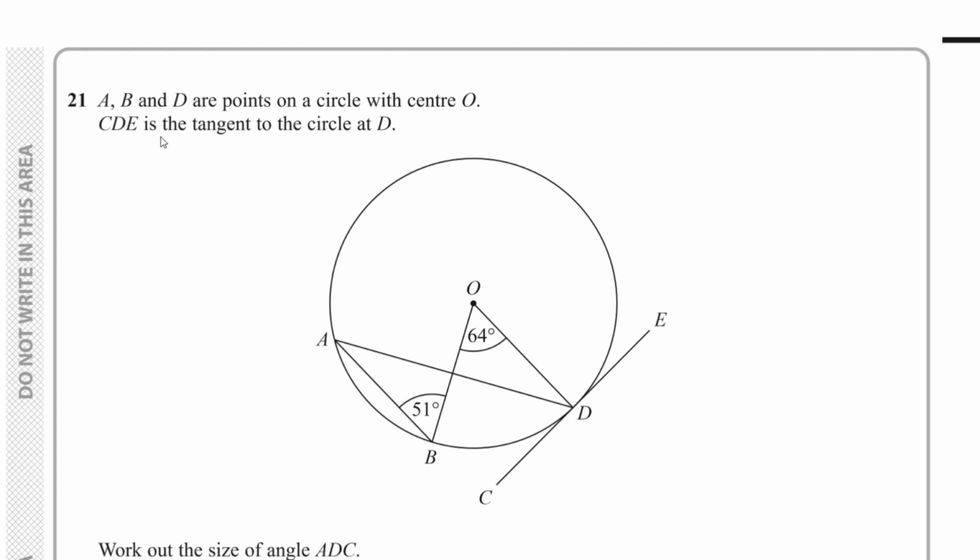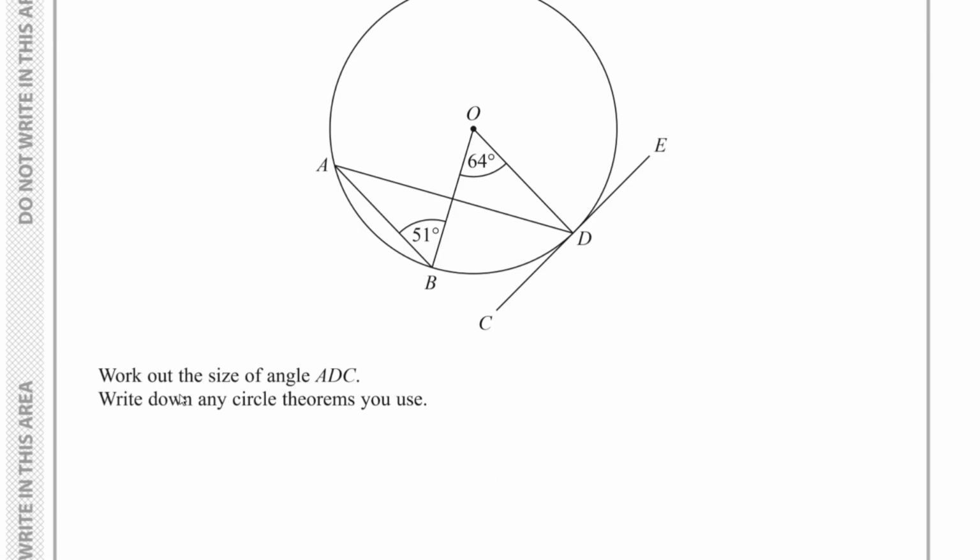Question number 21. A, B and D are points on a circle with centre O. CDE is a tangent to the circle at D. We have to work out the size of the angle ADC. Write down any circle theorems you use.